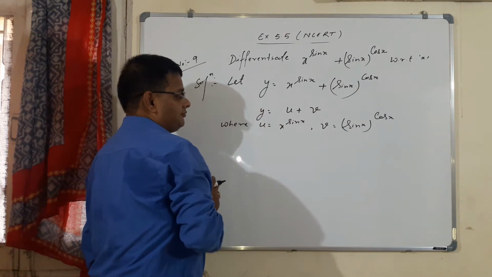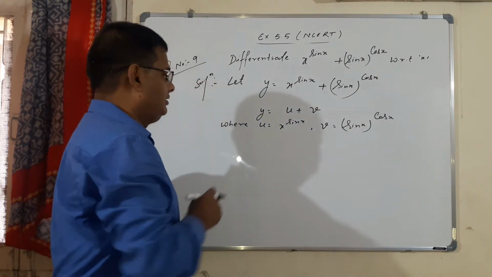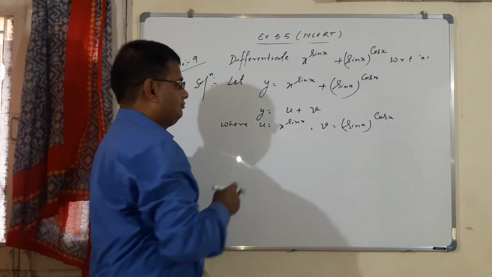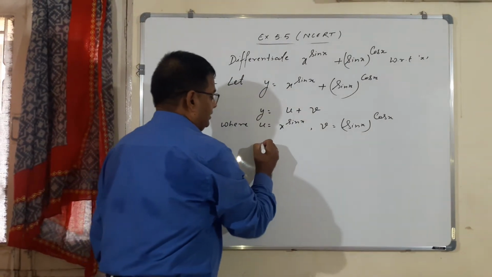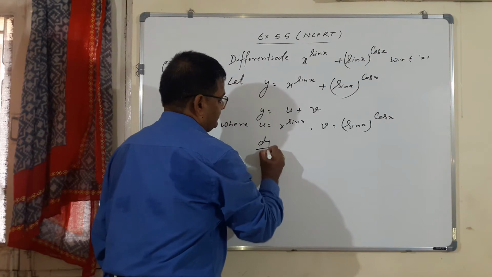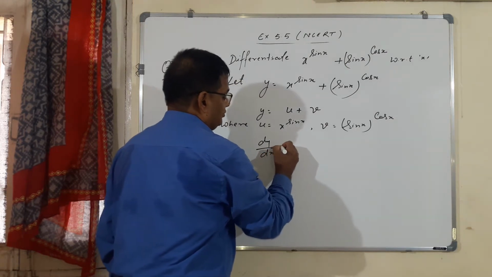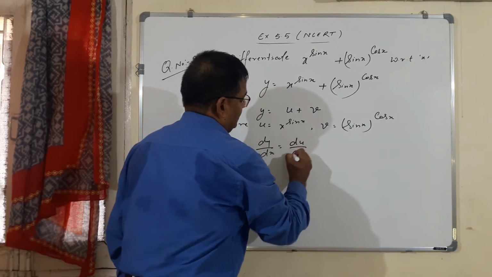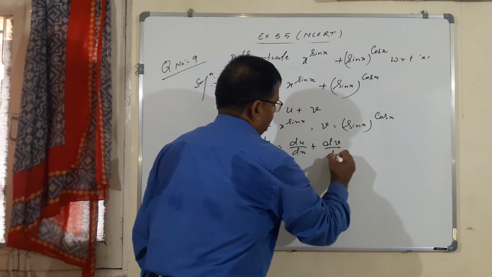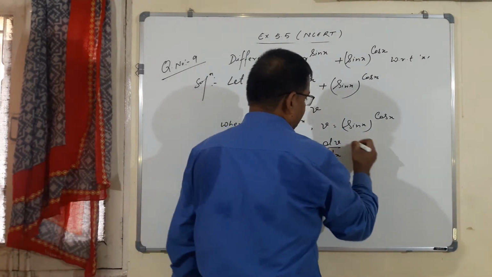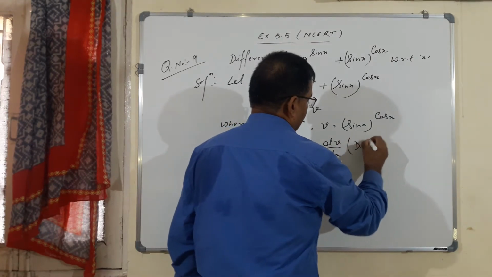So we have to find out dy by dx. We assume y is equal to u plus v. It means, differentiating with respect to x, dy by dx is equal to du by dx plus dv by dx.